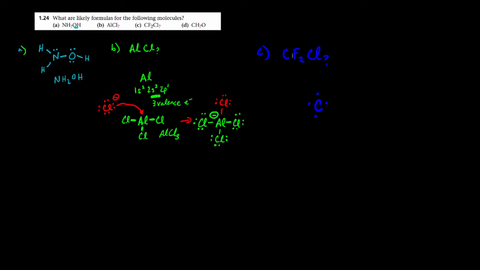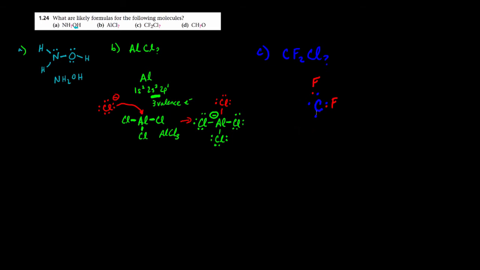And then we have 2 fluorine atoms and 1 chlorine. And so if we add fluorine around, let's just add those 2 fluorine atoms, and they're each contributing their electron.